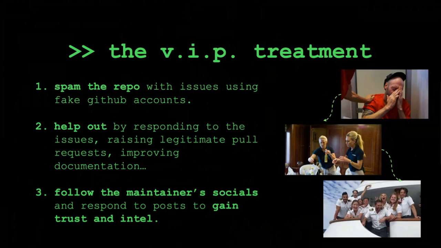So we swoop in as a hero and help out by responding to issues, updating documentation, responding to feature requests, and effectively trying to get that package author's trust. And the final thing is following the maintainer's socials, because you want to get a good understanding of when would be the right time to actually execute the hack by raising a PR when the author's busy, for example.